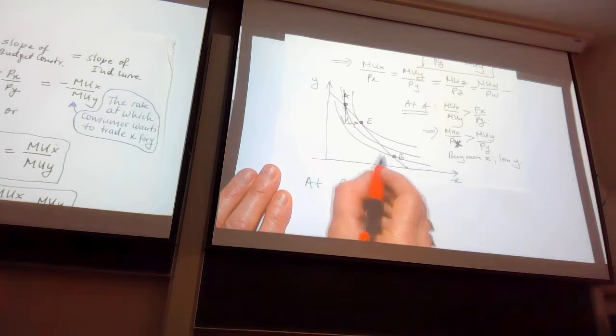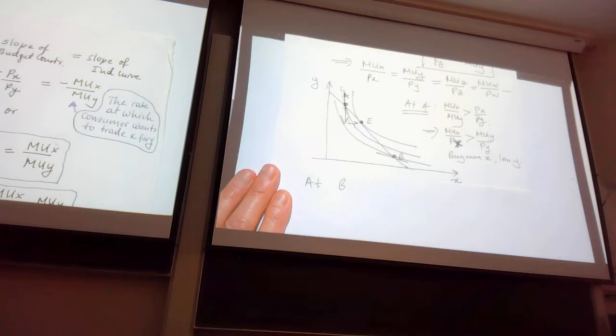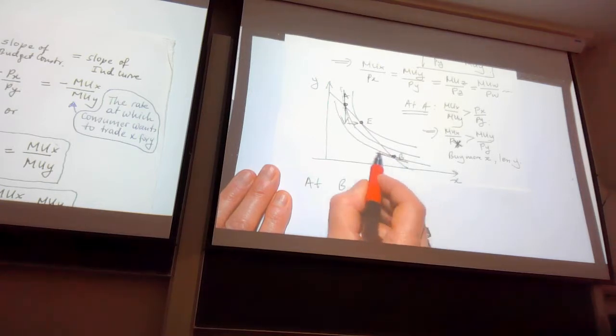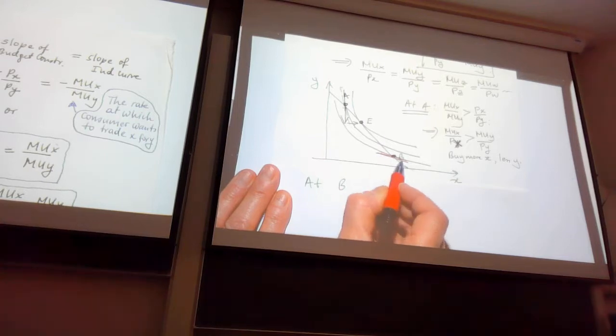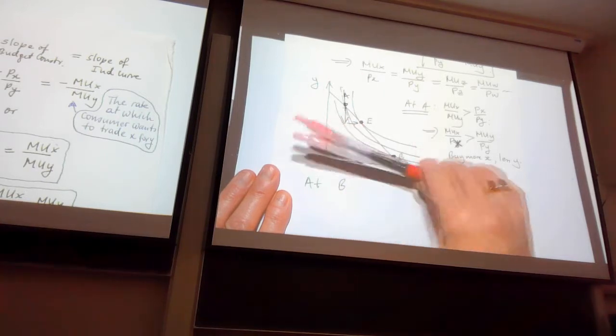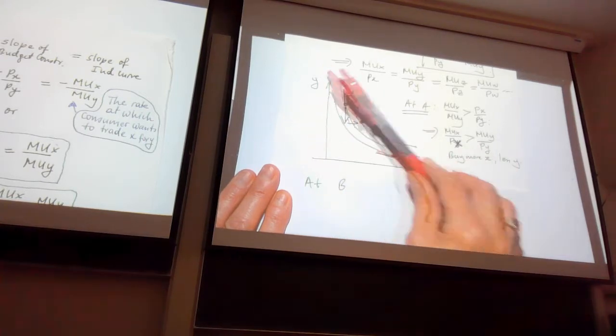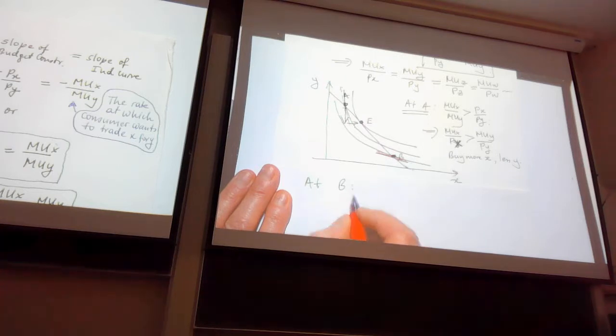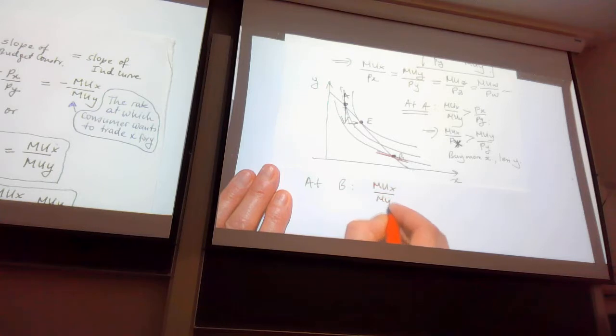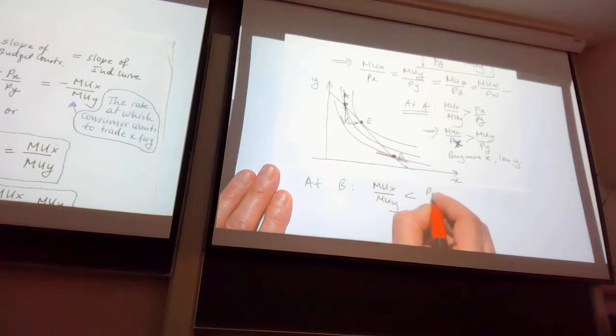Well, you want to find out what's going on with the relationship at B. The slope of the indifference curve, I'm bringing a tangent line right there. The slope of the indifference curve is now flatter than the slope of the budget constraint. So at B, the following is true. Marginal utility of good X over marginal utility of good Y is smaller than the relative prices, which is the slope of the budget constraint.